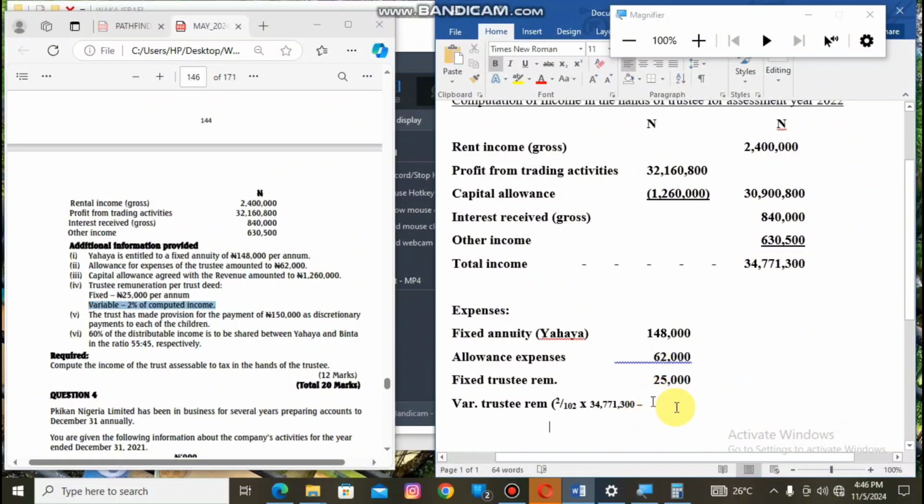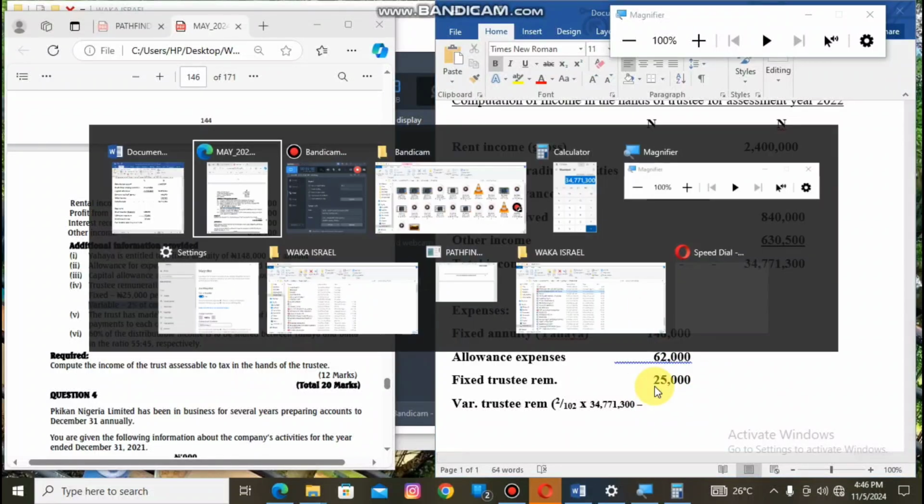Since this one is not known, that's the reason why I'm using 102 minus just these three expenses, 148, 62, and 25. Let's bring a calculator.